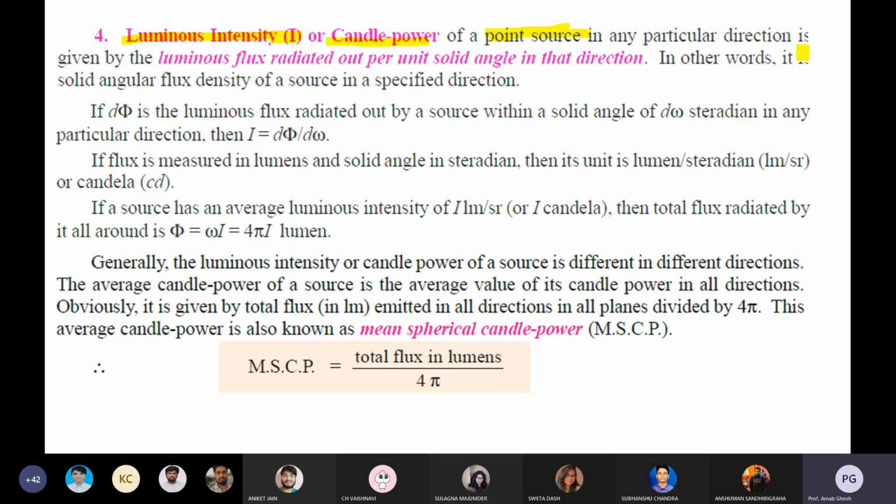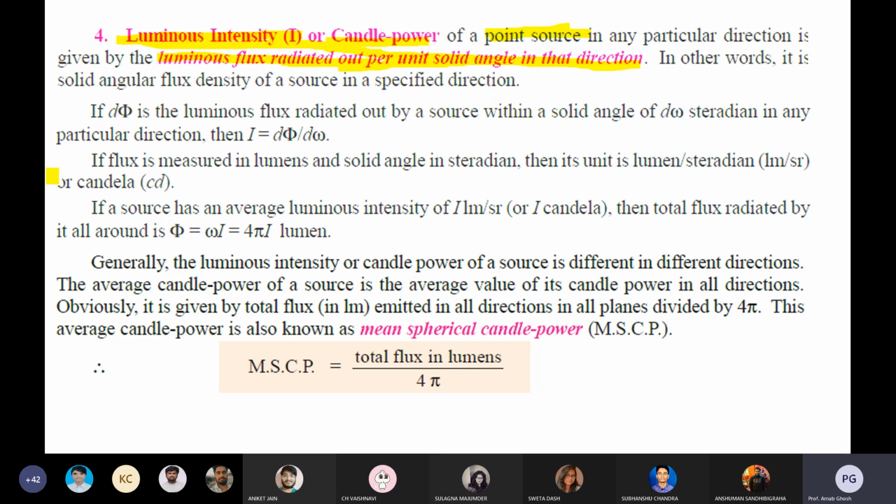So any direction you can take is given by the luminous flux radiated out per unit solid angle in that direction. Per unit solid angle means omega equal to 1, area a equal to r square.